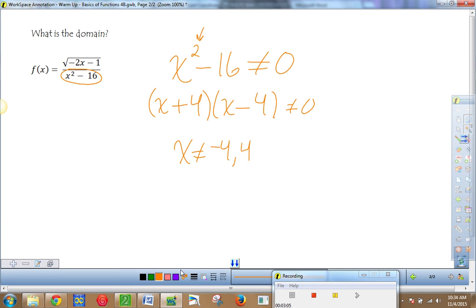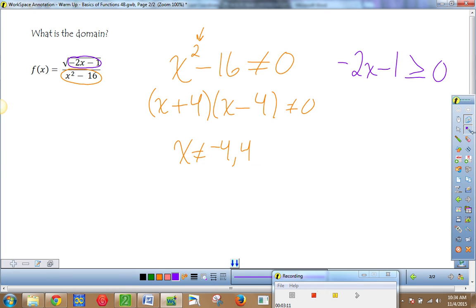Okay. What else restricts domain? Taking the square root of a negative number. So we got this guy right here who's not allowed to be negative. How do we turn that into math jargon? Not allowed to be negative means what? If you listen to your notes, it's got to be greater than or equal to 0.